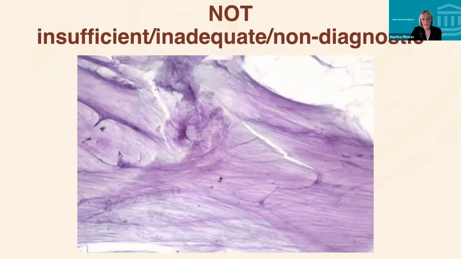This is not non-diagnostic. This thick colloid-like extracellular mucin is diagnostic of a mucinous cyst. So even if you don't see the cyst lining epithelium, this quality and quantity of extracellular mucin is diagnostic of a mucinous cyst.